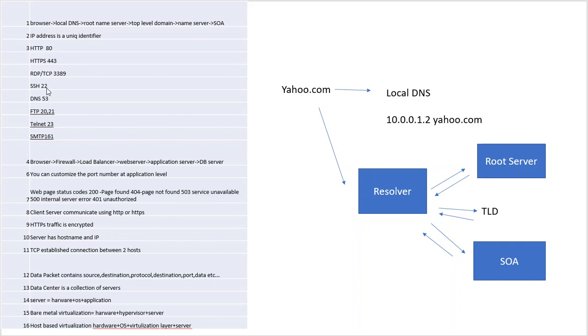SSH, mostly for the Unix servers, secure shell, is port 22. For DNS, 53. FTP, file transfer protocol, 20 and 21, Telnet 23, SMTP 161. These are the most important port numbers that you can remember for our course purpose.